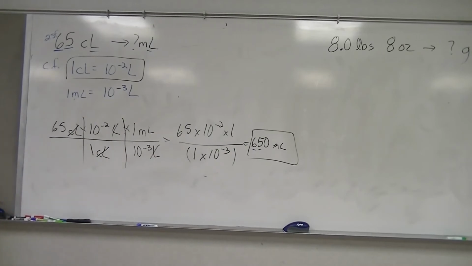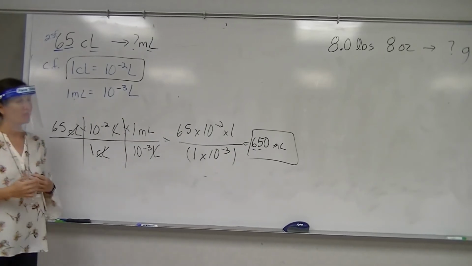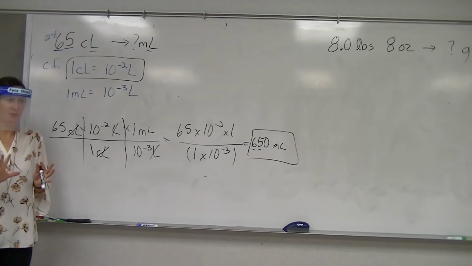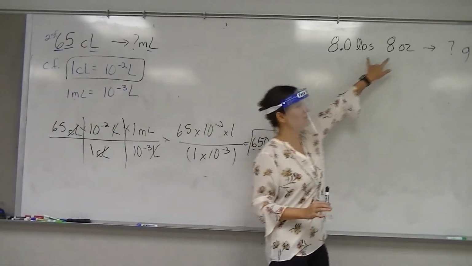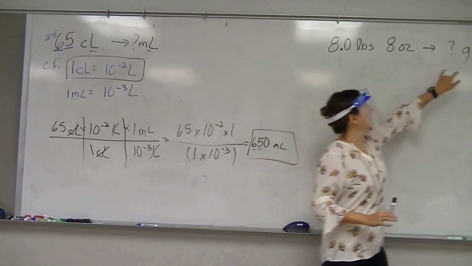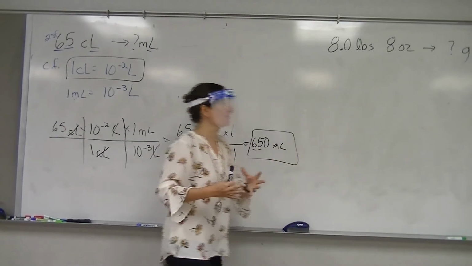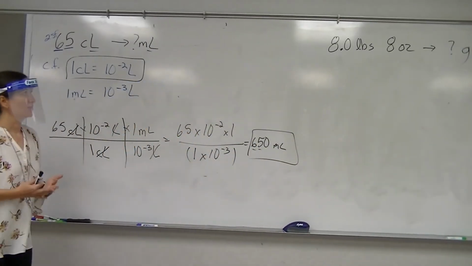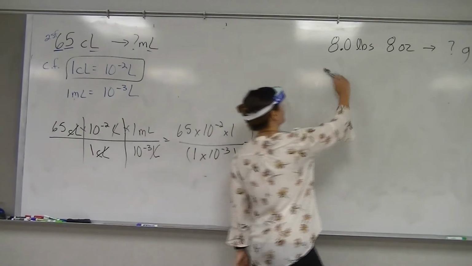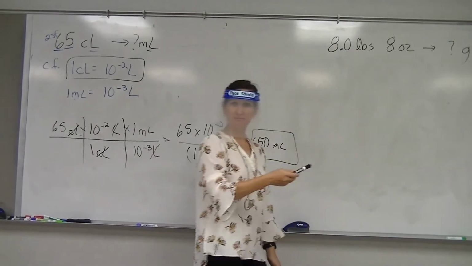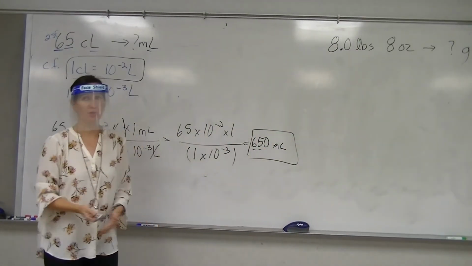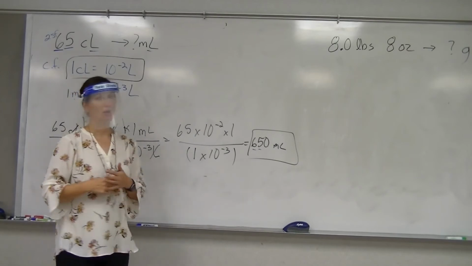Average. Okay, the reason this one's a little more difficult is because we have two different units here, and we're trying to convert to one common unit. So my first step is to get this all in the same unit. It's your choice. You can put it all in pounds, or all in ounces.